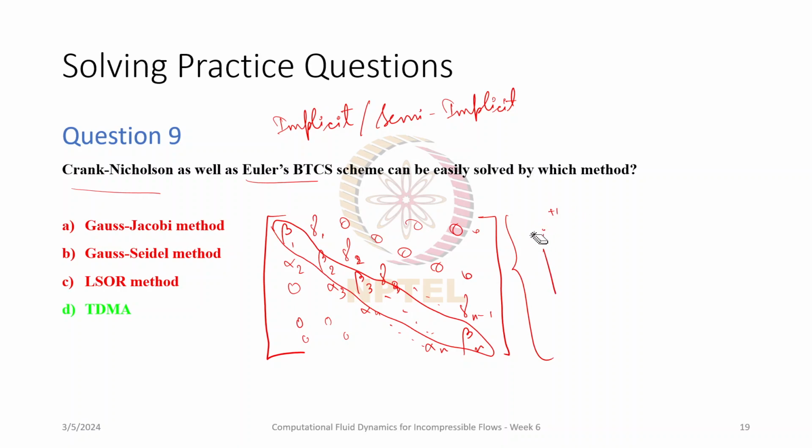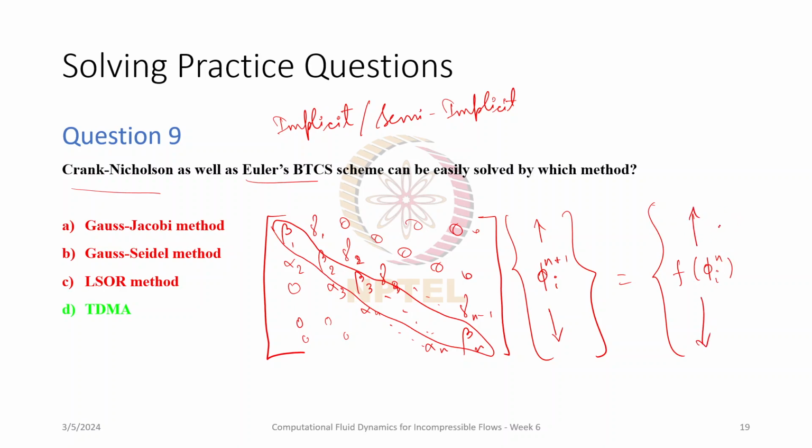So I'll just write it this way: at the n plus 1th level, these are all unknown, and this is equal to basically a function of all the known phis. It could be the phi in itself or some combination of them. But basically those are known values. That's what I mean. So this is how these equations look.